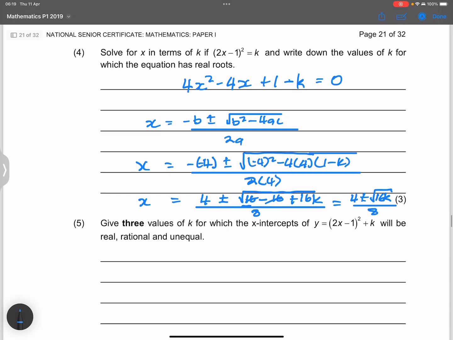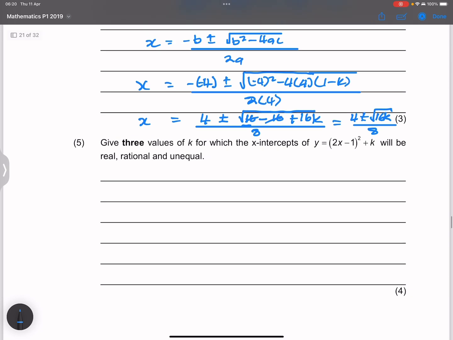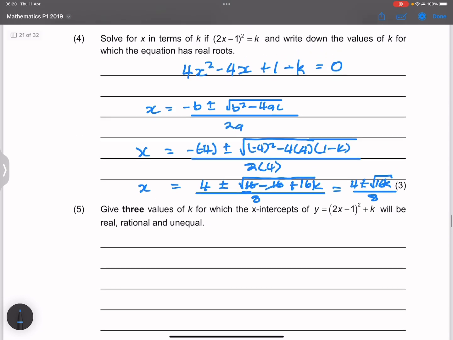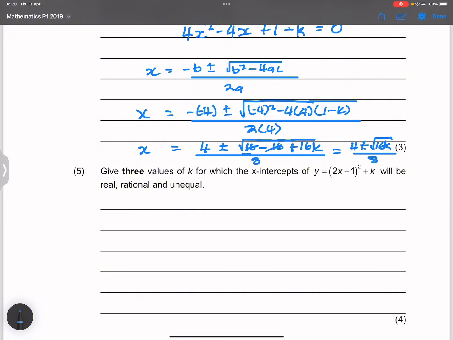Now they say to us, give 3 values of k for which the x-intercept of y is equal to that entire thing plus k. Please, ladies and gents, I want you to note they will be real, rational, and unequal.